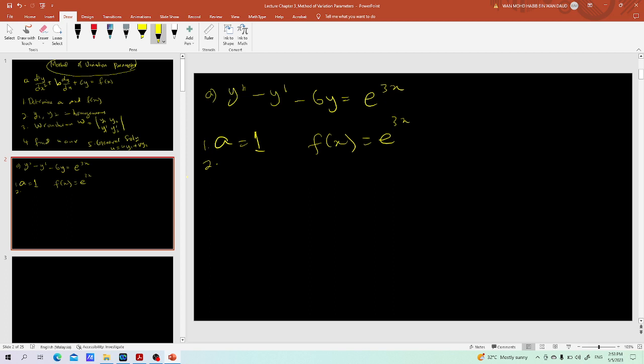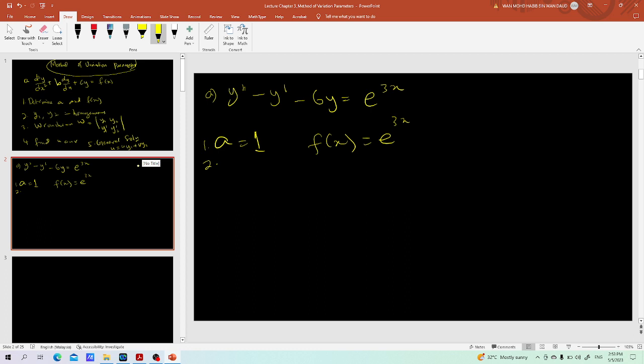And then second, find the homogeneous solution. For this equation, we need to find the homogeneous equation. From the previous lecture, how many homogeneous solutions do we have?